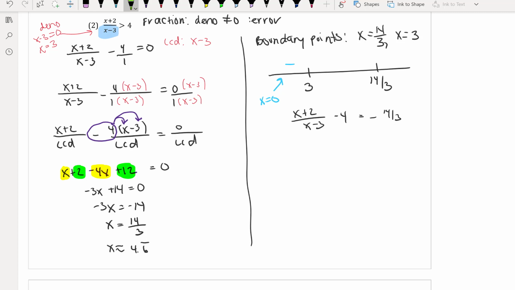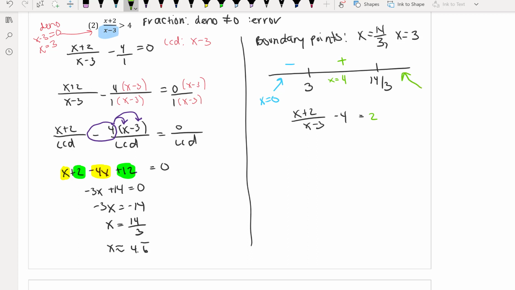Now the next thing I want to do is pick a value between 3 and 4.6, so let's just say 4. That would be a nice even round number to plug in. So I'm going to have 4 plus 2 over 4 minus 3, minus 4, and I get a positive 2. So that's a positive number.